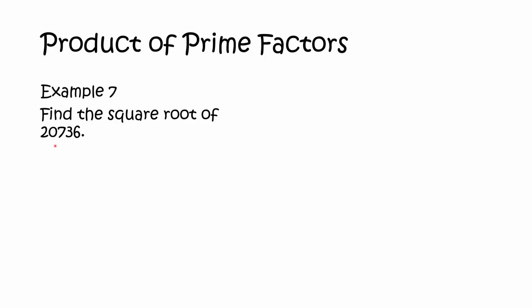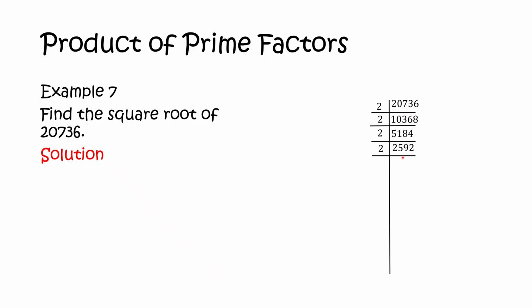This time around, we want to find the square root of 20,736. So we find the prime factors. It's easy to see that the first one would be a 2. We divide by 2. We get 10,368, by 2, by 2 again, by 2 again, by 2 again, by 2, by 2, by 2, by 2.